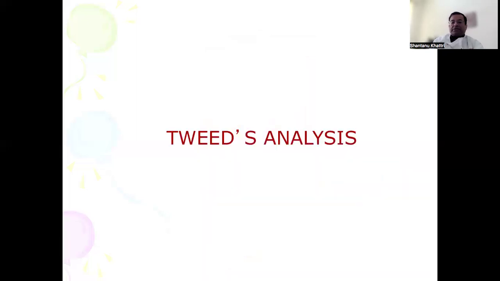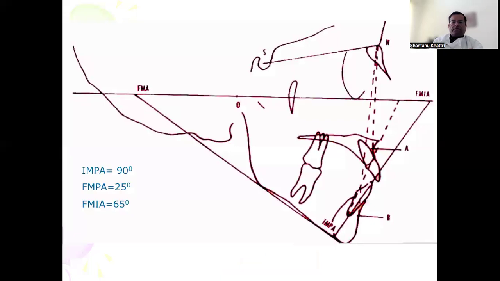The last one is the Tweed's analysis. So basically, it takes the FH plane, the long axis of the tooth, and the mandibular plane, which he draws from the tangent to the lower border of the mandible. So this internal angle tells the IMPA. This internal angle tells the FMIA, Frankfurt mandibular incisal angle, and FMA is Frankfurt mandibular angle.